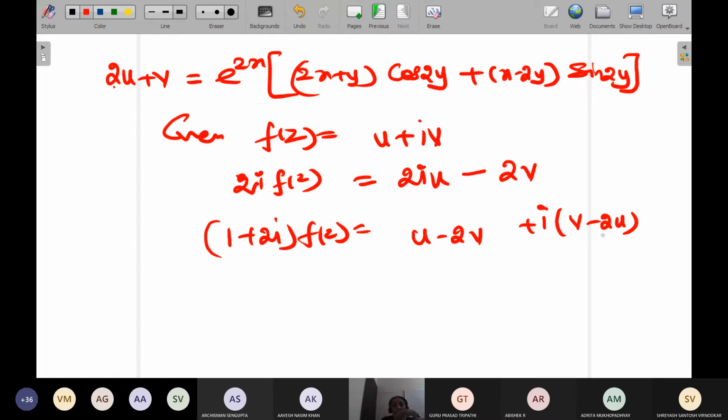But what we actually want is 2u plus v. So you can subtract it, right? Instead of writing plus, make it minus. Then 1 minus 2i into f of z gives u plus 2v.